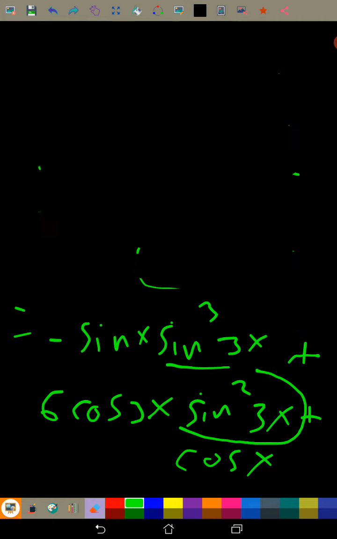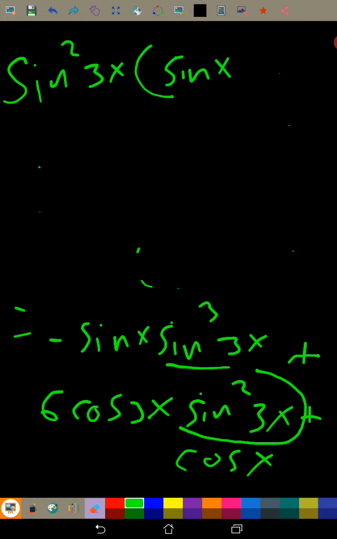And we have sine squared 3x outside. So here we will have sine x, sine 3x, right?